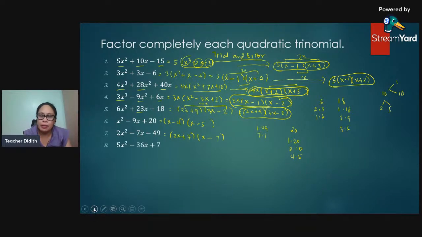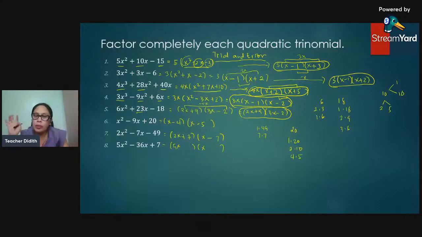Number 8. Again, we'll go straight to trial and error. One is 5x, the other one is x, or you can place x here and 5x here. And 7 is a prime number, so the only factors are 7 and 1. You have to decide where to place 1 and 7.